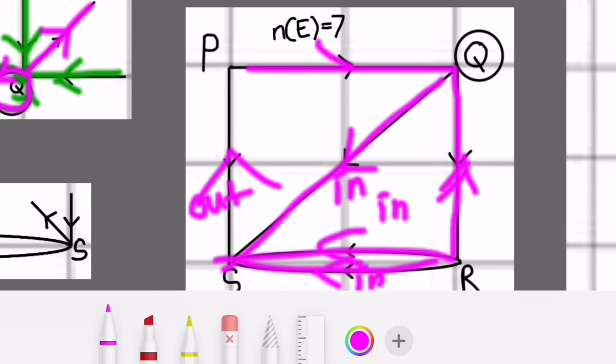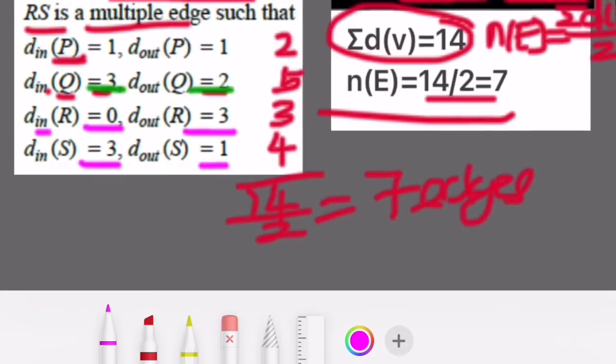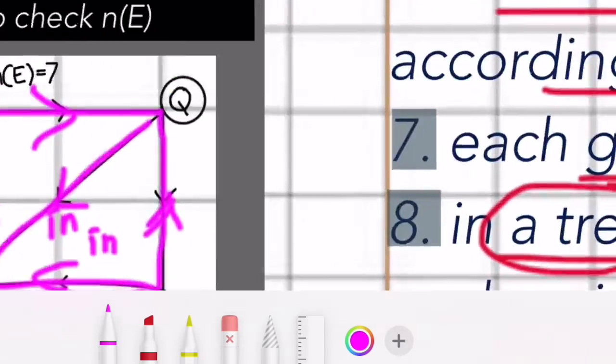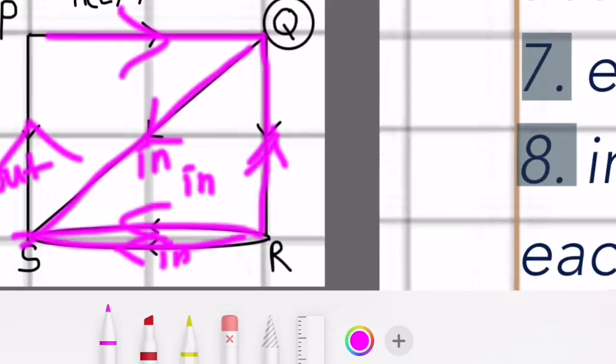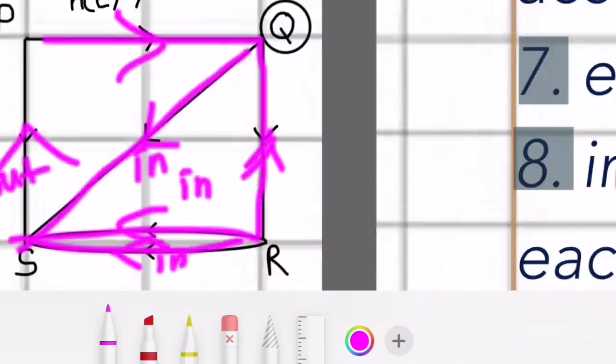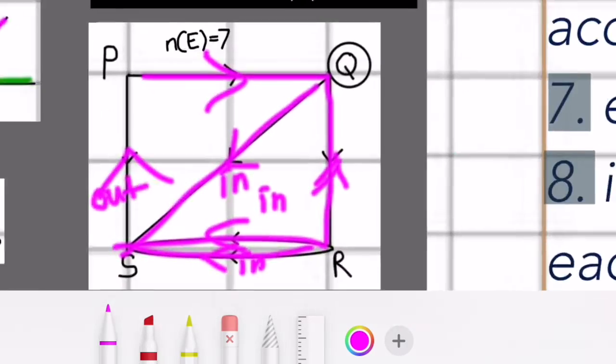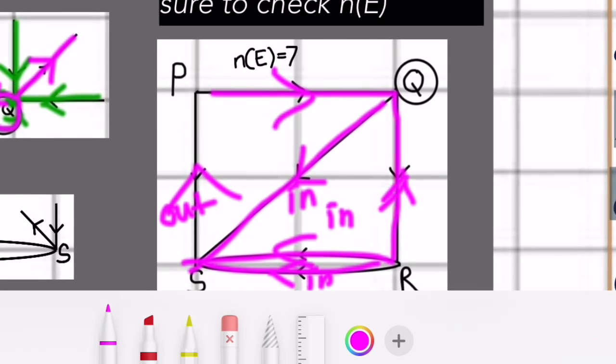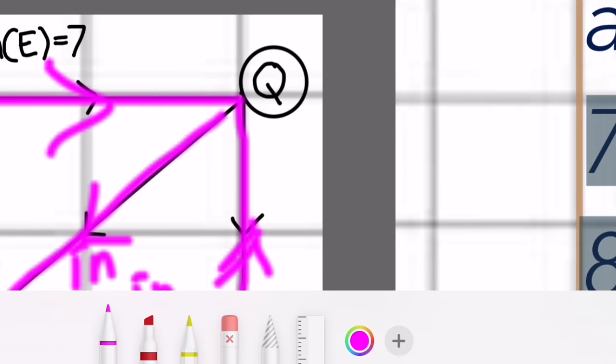Okay, for Q, we haven't completed Q, so we have to make sure. There's a loop here, right?